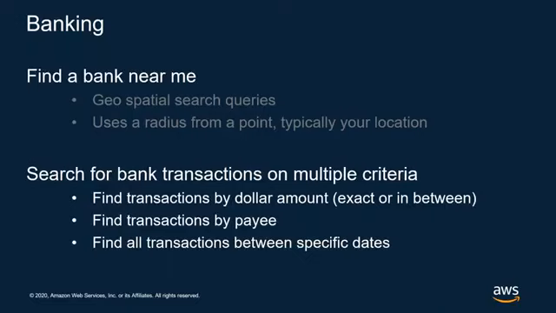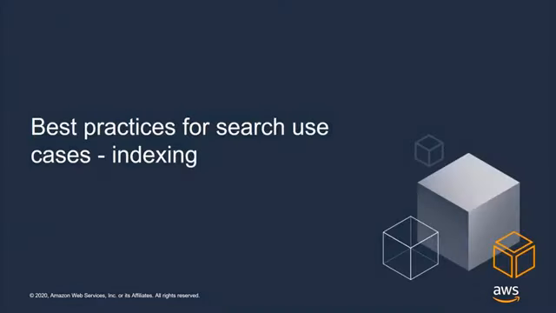So what you can do is you can type in a query. You can provide dimensions. You might say that the payee just happened to be someone that you bought something from, and you knew what the specific dates are. So you can enter these dimensions in, and you can query on these multiple dimensions to find those banking transactions that are relevant for your needs.